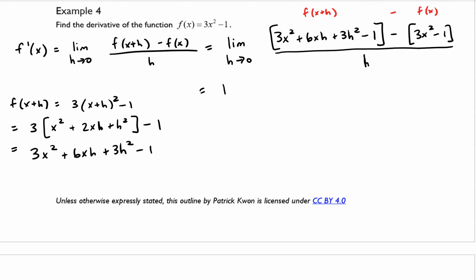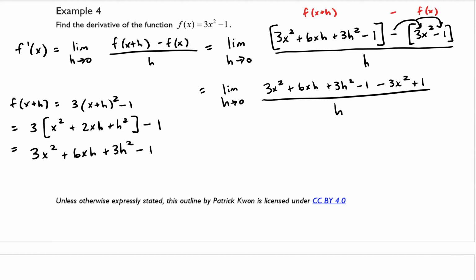Okay, so now I'm going to go ahead and rewrite the limit as h approaches 0, and I'm going to simplify the numerator. So if I distribute the minus sign here and the minus sign here, then we'll get 3x squared plus 6xh plus 3h squared minus 1 minus 3x squared plus 1 all over h.